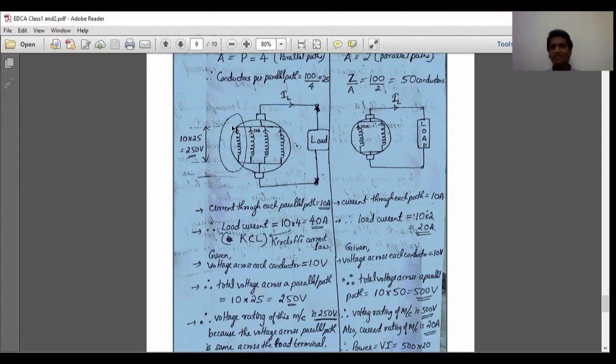And in the practical case, since these are connected by wires or windings, there will definitely be a voltage drop between these 2 points. That means whenever there is a potential difference, there will be a current flow. Clear? So since there is a potential difference between these 2 parallel paths, in the practical case, there will be a current flow through this circuit.